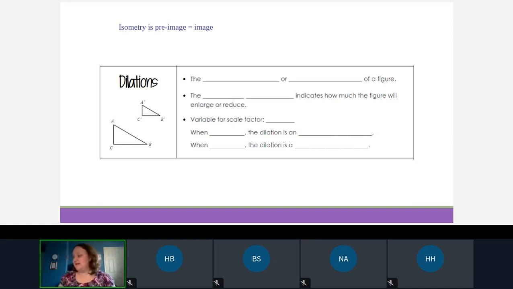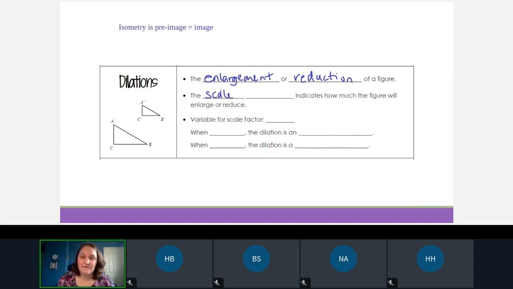So in a dilation, we are going to enlarge or reduce a shape. So the enlargement, the big word, or reduction of a figure. Okay. And some of you started using this word in the chat, and you were totally right. You said they're scaled. Yeah, and that number is called the scale factor.